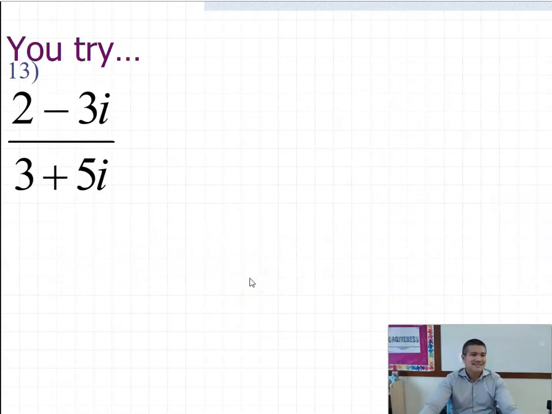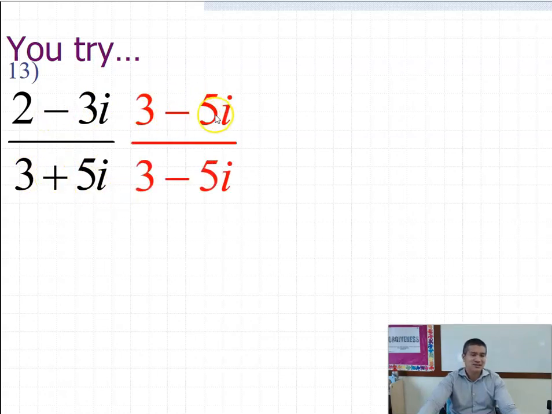Okay, last example. We have 2 minus 3i over 3 plus 5i. So you will multiply by 3 minus 5i over 3 minus 5i, and simplify with the FOIL method.